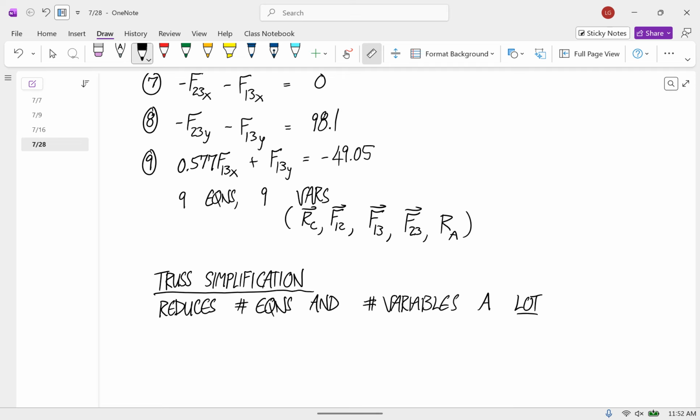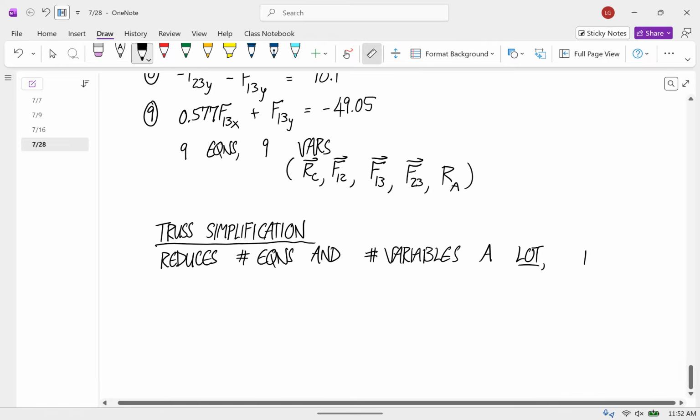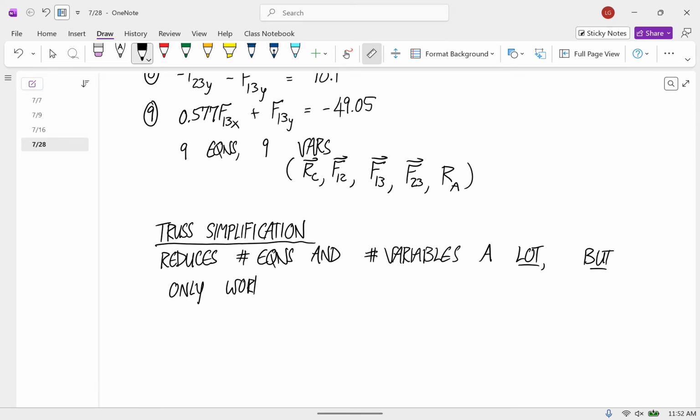So it's pretty nice, but it only works when every member is a 2-force member.